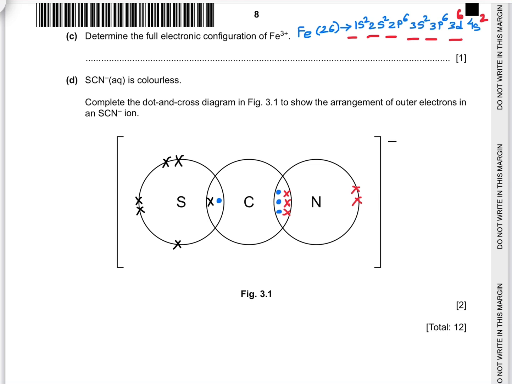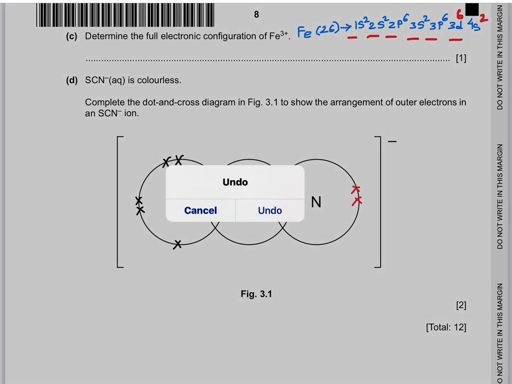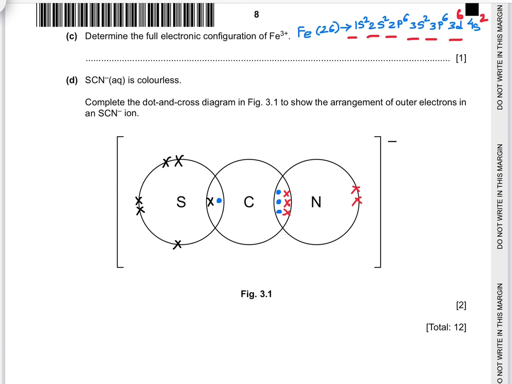So for ferric ion, we have to remove 3 electrons. So what we will do? We will remove the outermost shell electrons first, which is 4s2, and 1 electron from 3d.